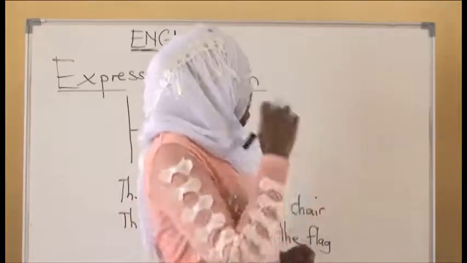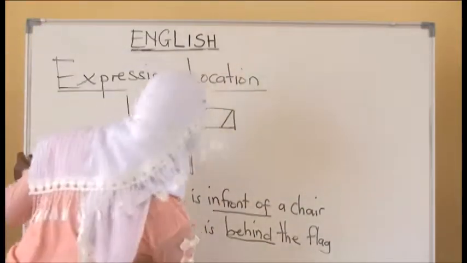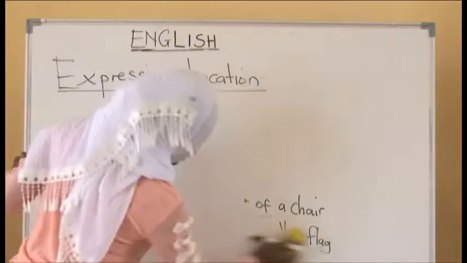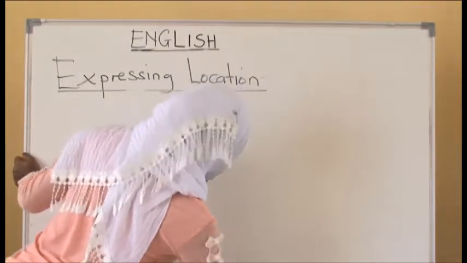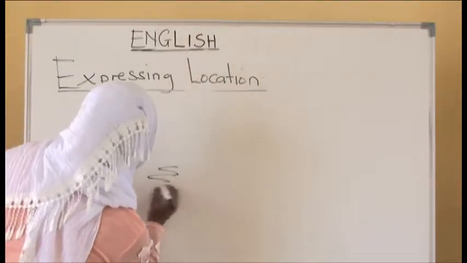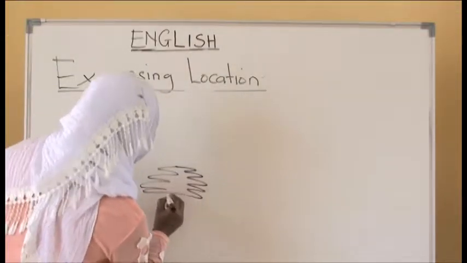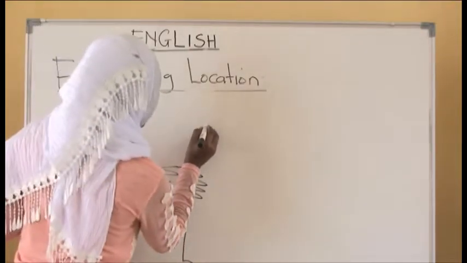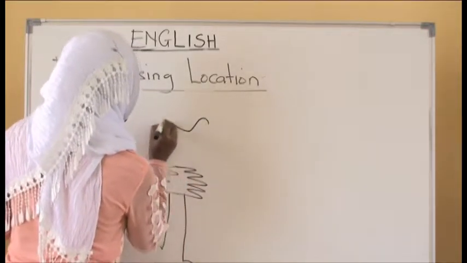Things like that. We have also another example here. A picture here that will make us understand properly. We have a tree, and here up we have a bed.